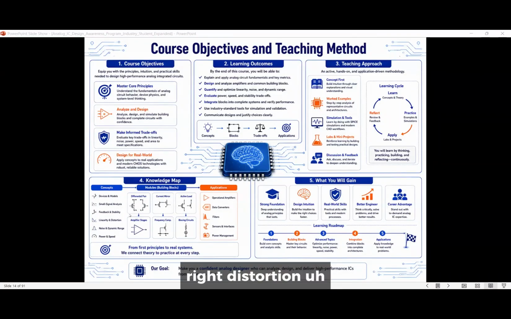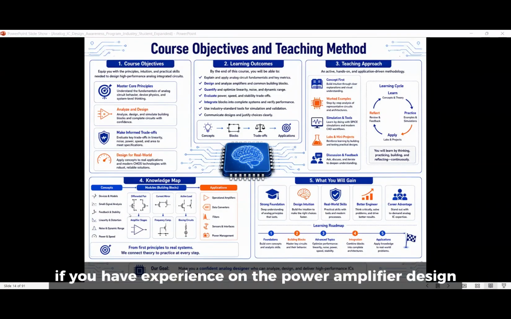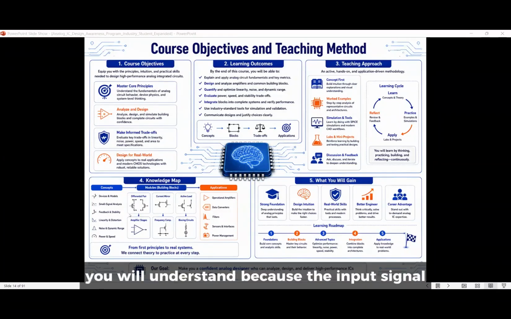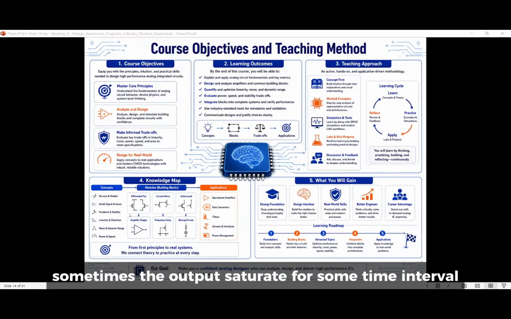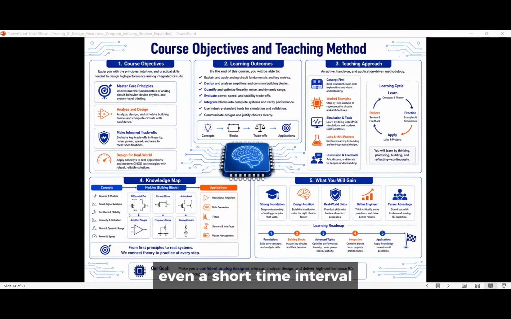Distortion. Actually, if you have experience in power amplifier design, you will understand, because the input signal is large enough and the gain is too high. Sometimes the output saturates for some time interval, even a short one, but still varies with the input another time.